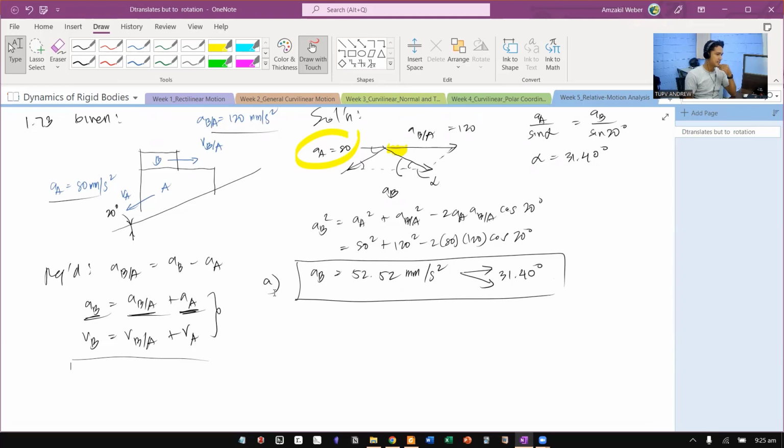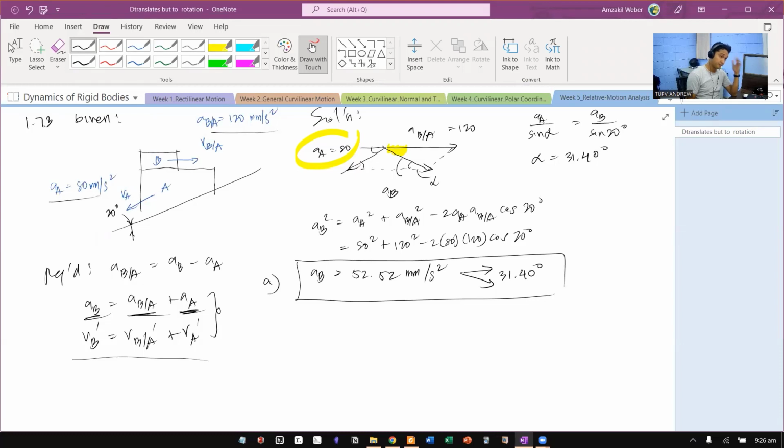So looking at this now, A starts from rest. Let's add the prime to indicate that these are final values.